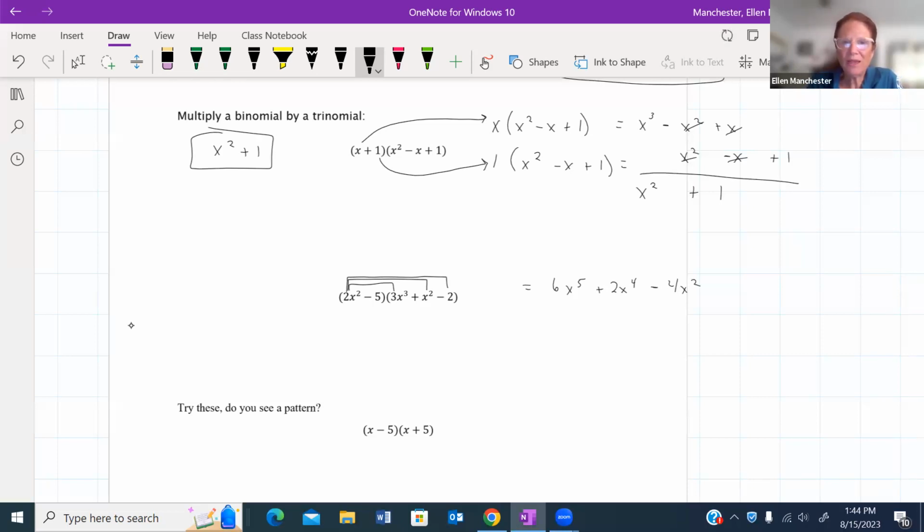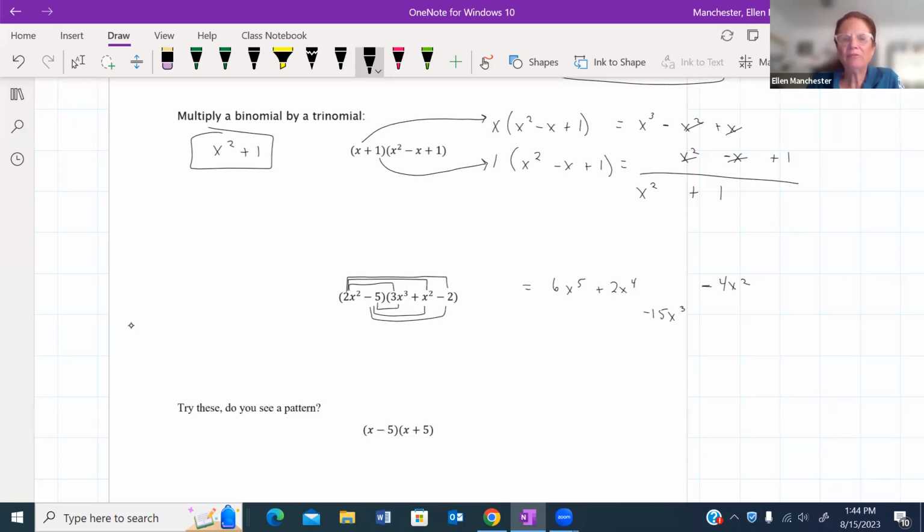Now I'm going to take my second term and multiply it by every term in the second set of parentheses. So -5 times 3x cubed is -15x to the 3rd. Notice I don't have an x to the 3rd, so I'm making another column. Okay, and then -5. I'm going to move this over actually. That'll make it easier. So -4x squared.